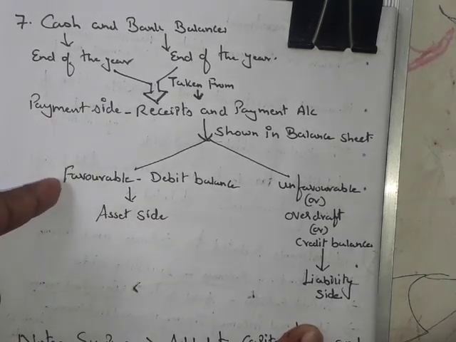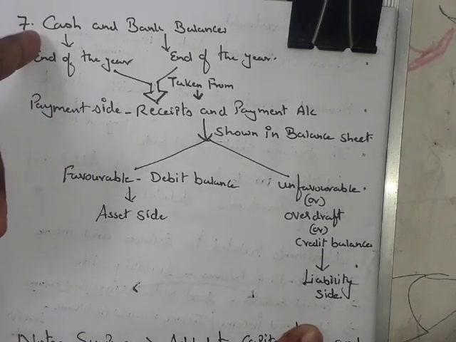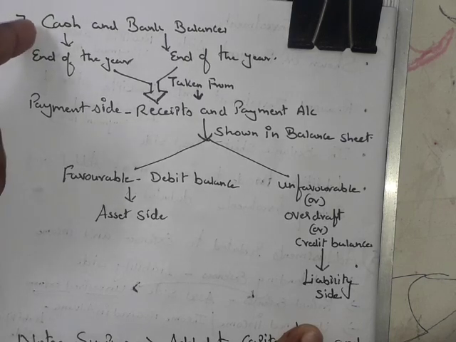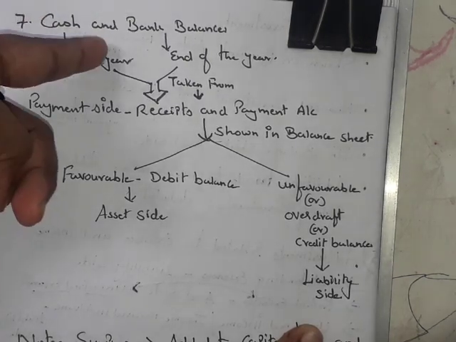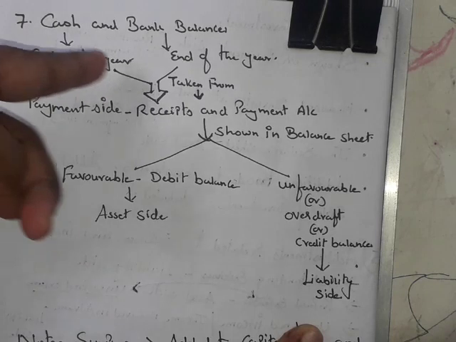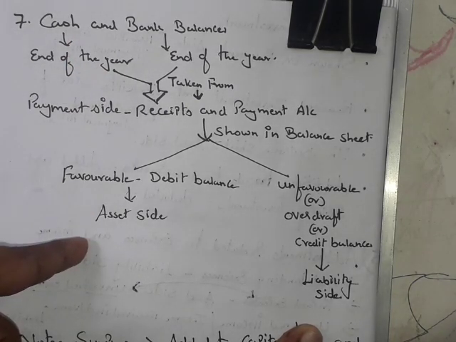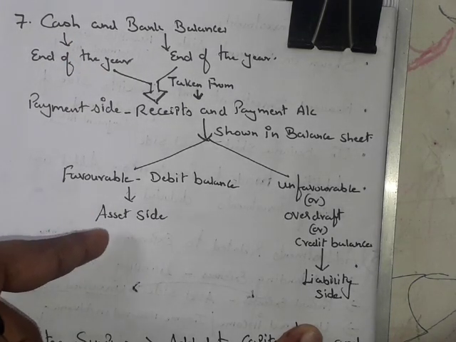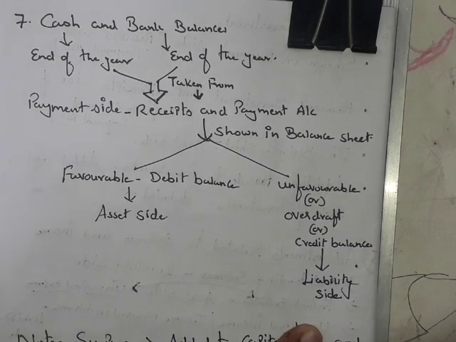In that case, whatever the amount appearing against the cash or the bank or both will be shown in your balance sheet under the asset side.